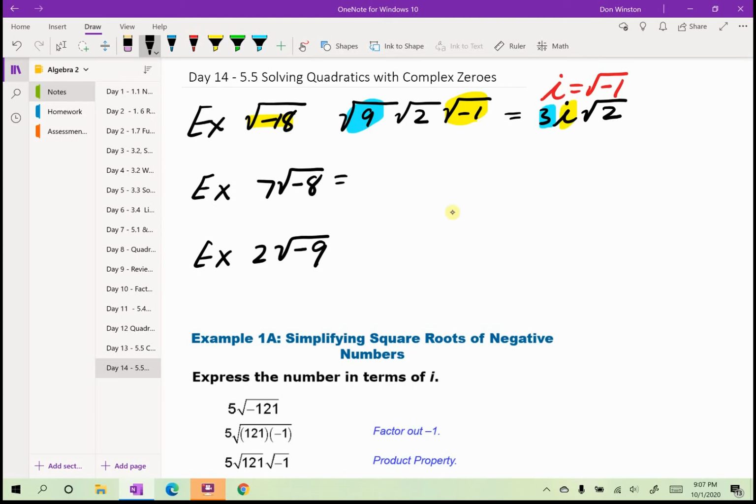So here we have 7 times the square root of 4 times the square root of 2, because 4 times 2 is 8, times the square root of -1. Now again, the square root of 4 is 2, so we'll have 7 times 2, and then the square root of -1 is i, so we'll have times i, and then what's left over is root 2.